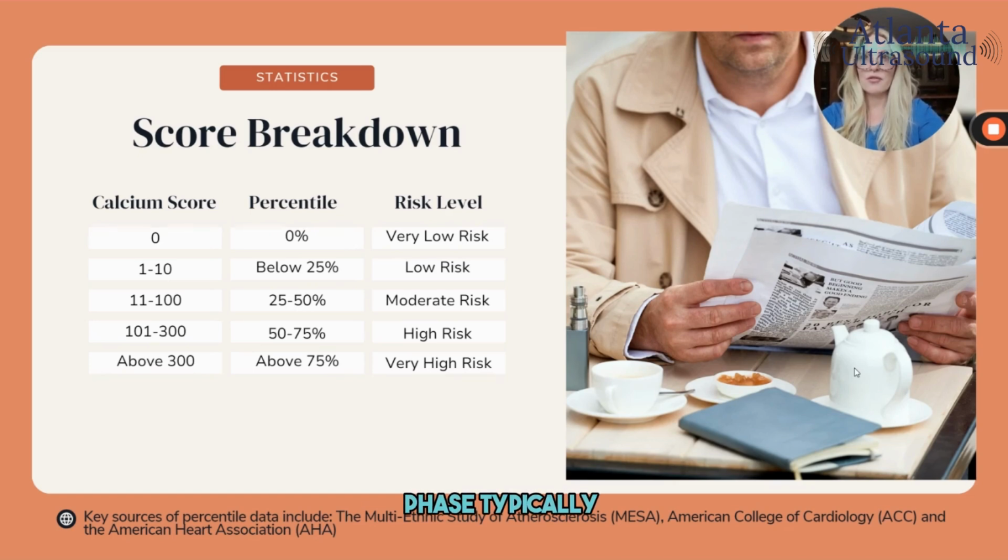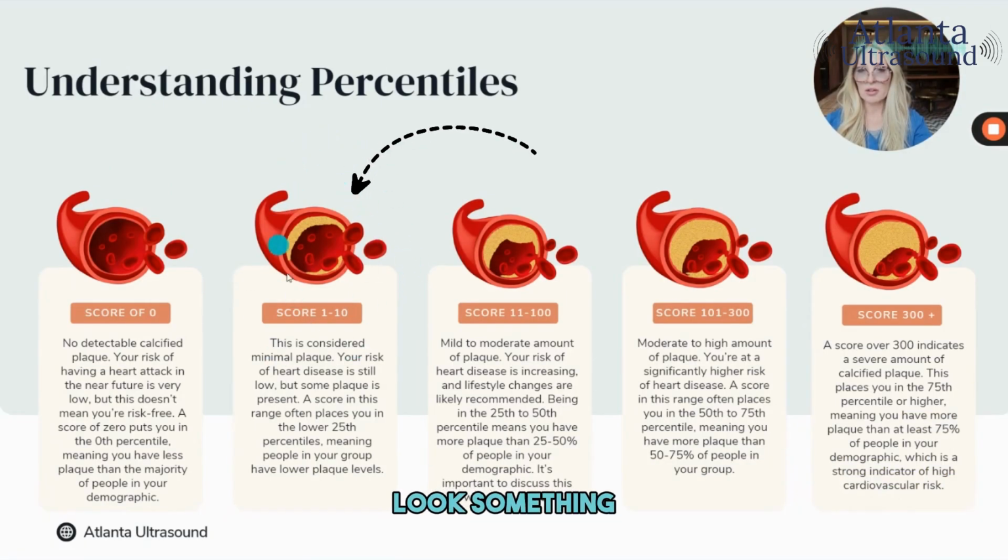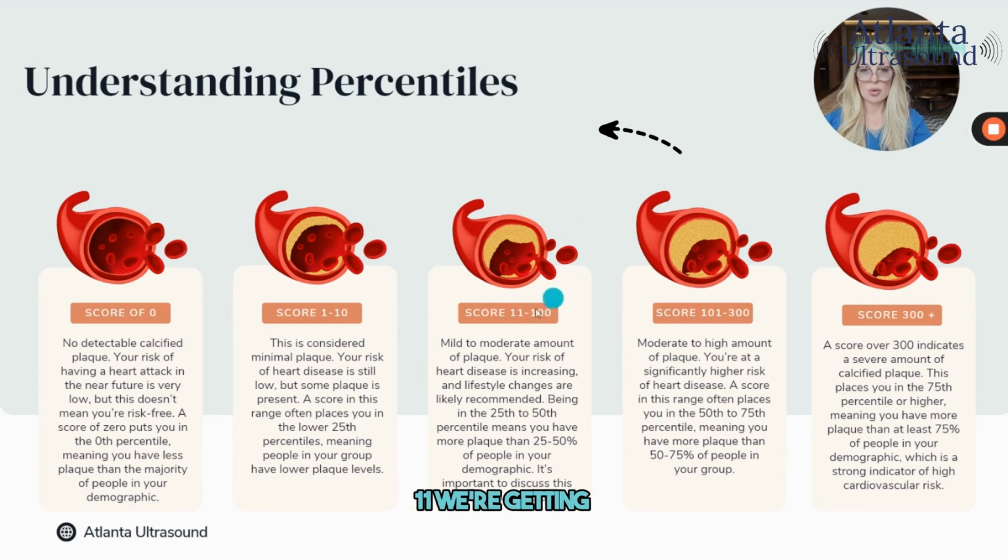action-oriented phase typically. In this slide deck, you can see a visual representation of what it might look like at that point. If you're at a score of 0, you're going to be here in the left column. And then a score of 1 to 10, you might look something like this, where this yellow is showing a slight plaque buildup. And then a score of 11 to 100, we're getting into moderate, and then moderate to severe over here, moving further and further along to a significant buildup.